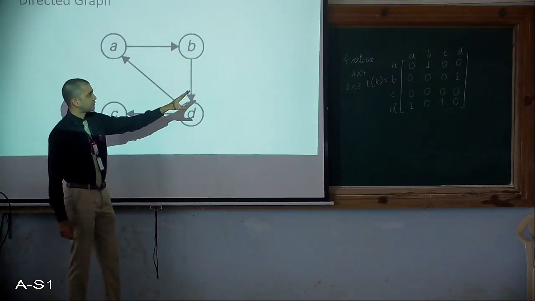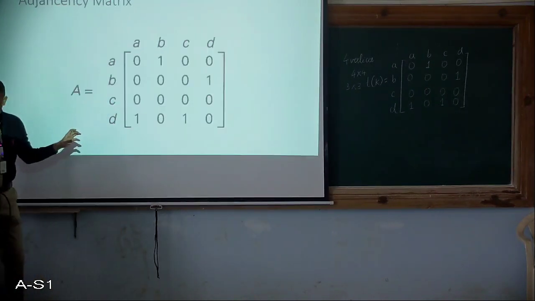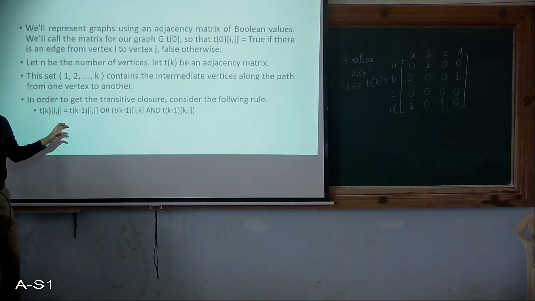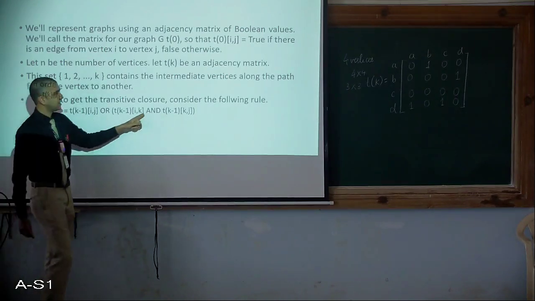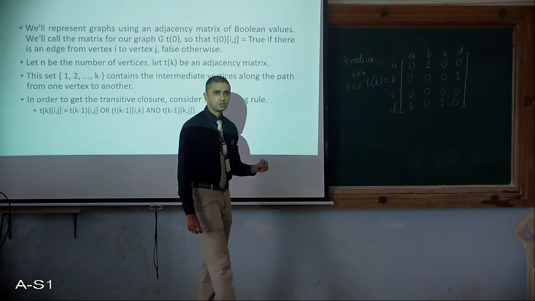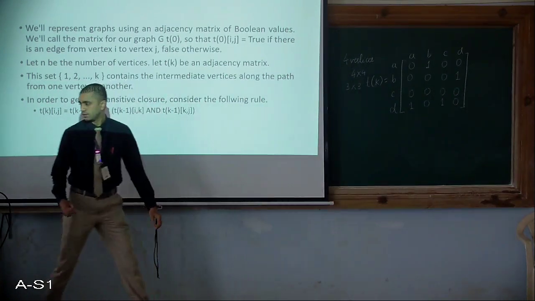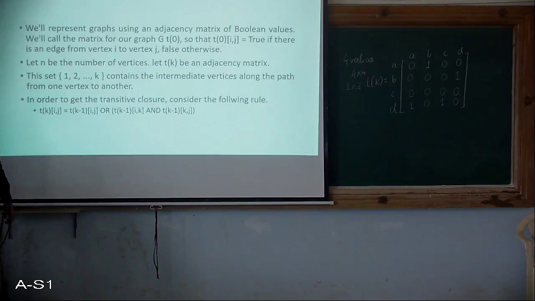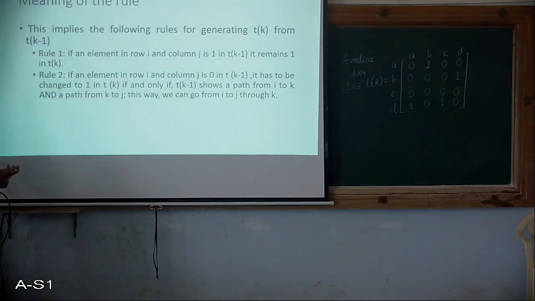So using this formula, or this particular rule, we'll be able to get the transitive closure property. What does this rule mean? Rule number 1: if an element in the ith row and jth column is 1, then it remains 1 in T of k.